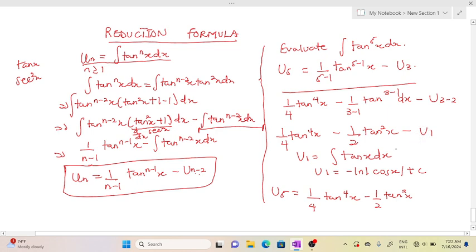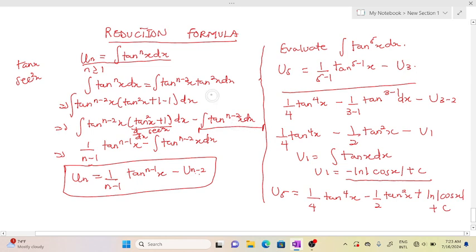The integral of tan x gives us negative natural log of the absolute value of cos x, so if we are joining into our general form, where it was minus u1, it should be plus natural log of the absolute value of cos x, plus c.